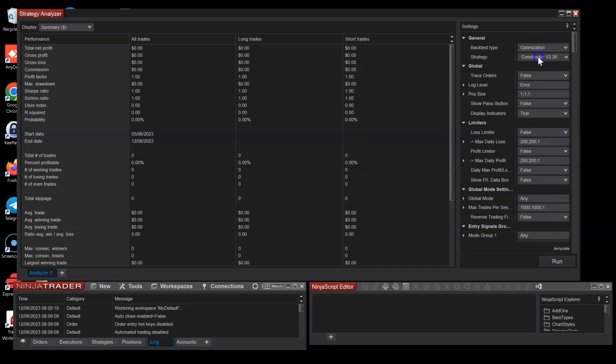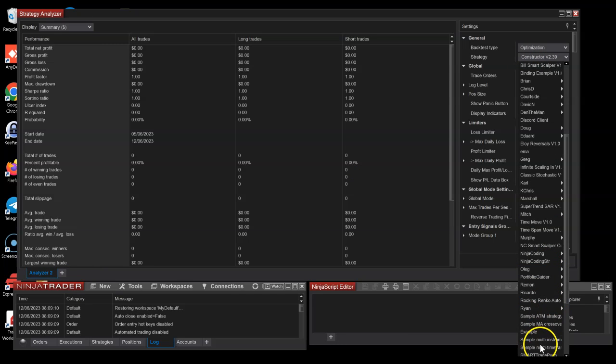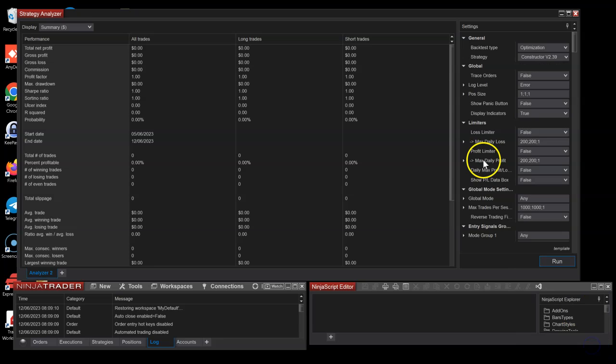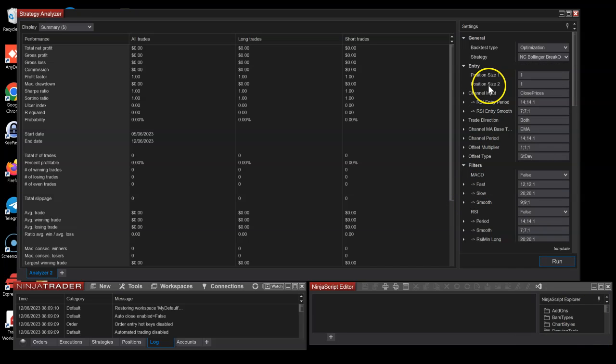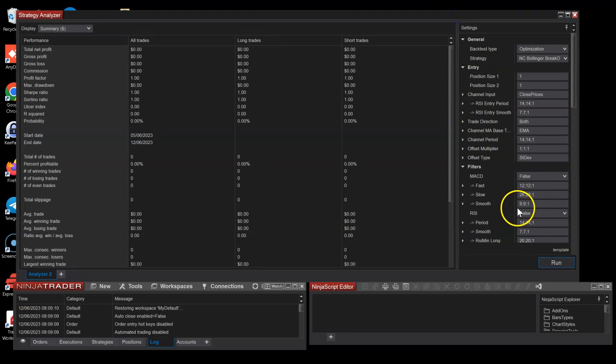So I'm going to start my optimization like this. Where's my NinjaCoding strategies? And this is the Bollinger Breakout.